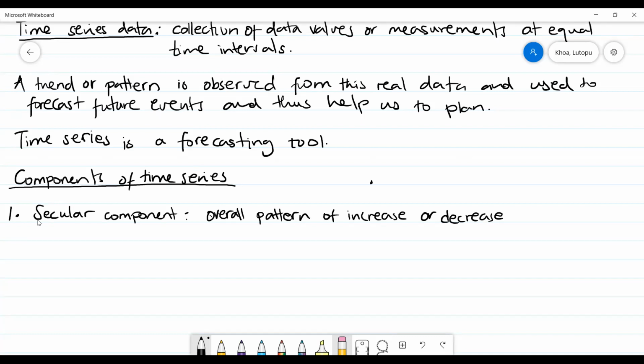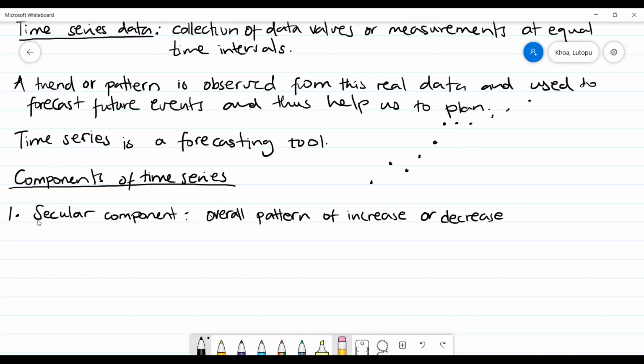So if I plot the points, let's say these are students enrolled at NUST every year. Okay, so let's say I plotted them like that.